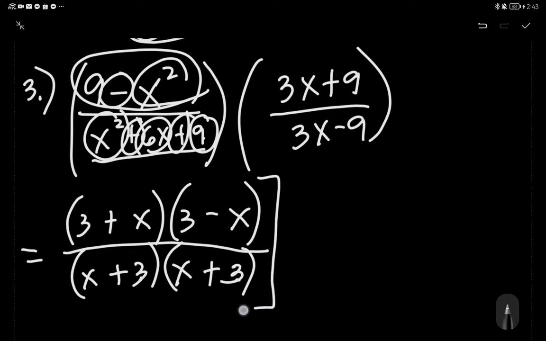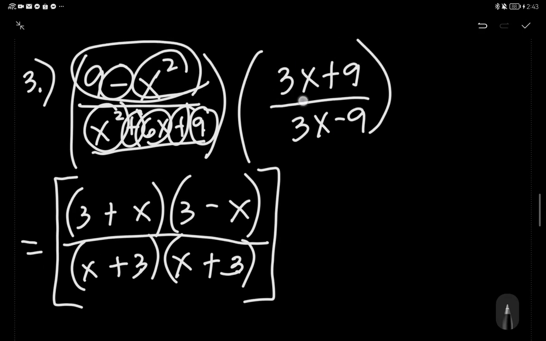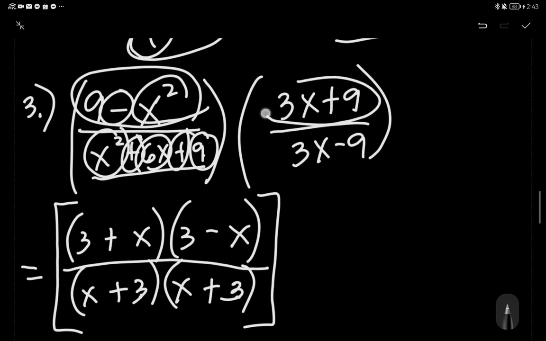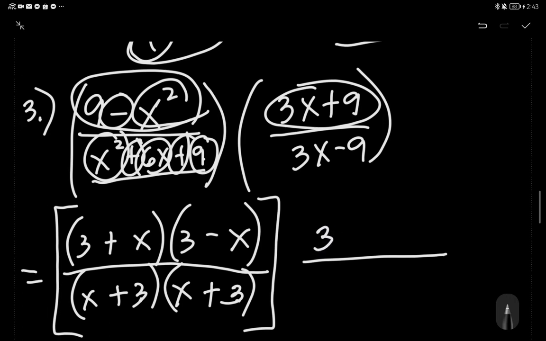Okay, since na-factor na nato ang first expression, kanina pong diari, numerator sa ikaduha, si 3x plus 9. Okay, silang duha, pwede nato ma-reduce or ma-factor out si 3. Si 3x, i-divide na to og 3, kana pareha sila nga 3, si x ang mabilin.